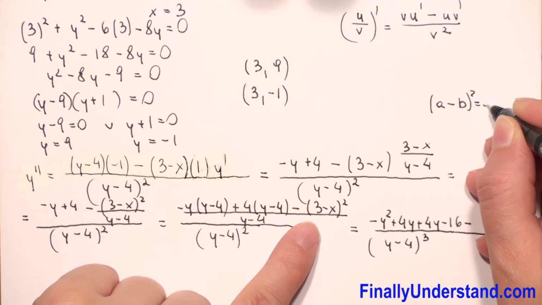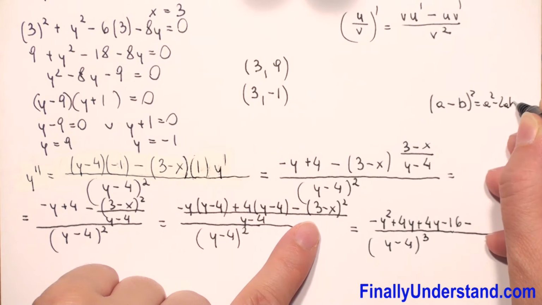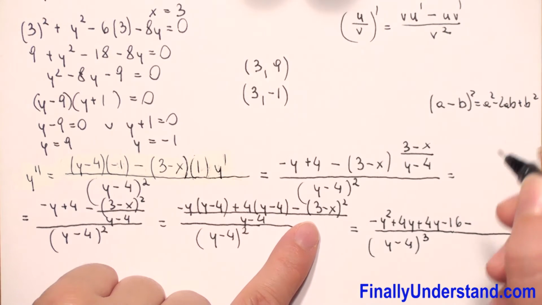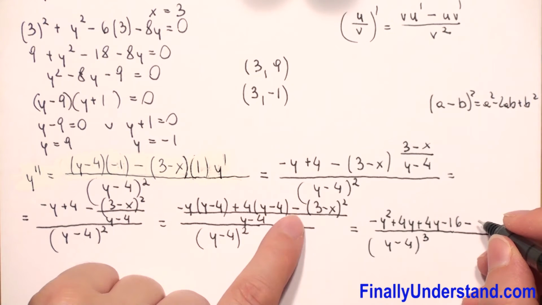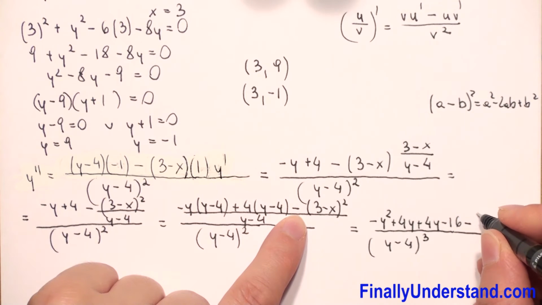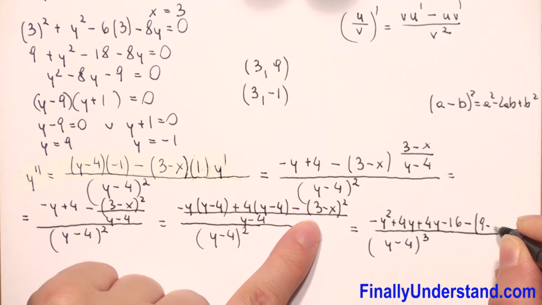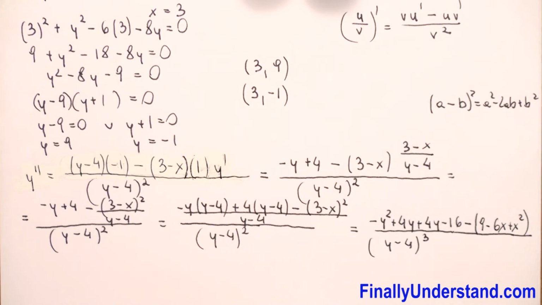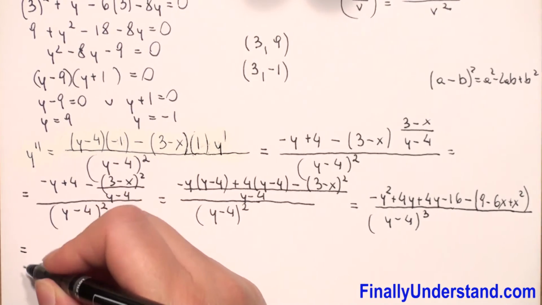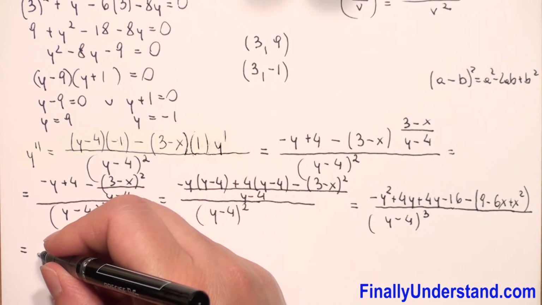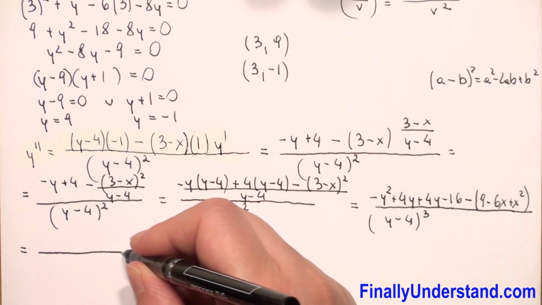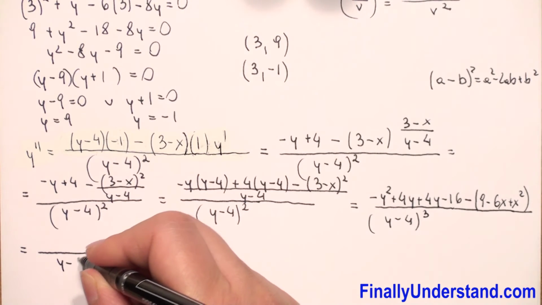So this is equal a^2 - 2ab + b^2. Because we have a negative sign, I will open parentheses, so it will be 9 - 6x + x^2. So now this is equal, we can combine the like terms, denominators stay the same.